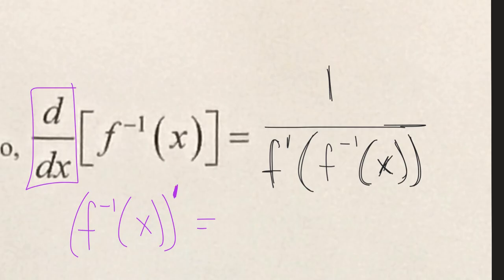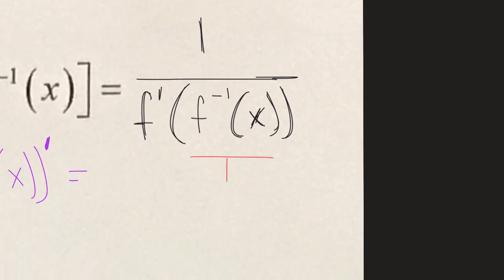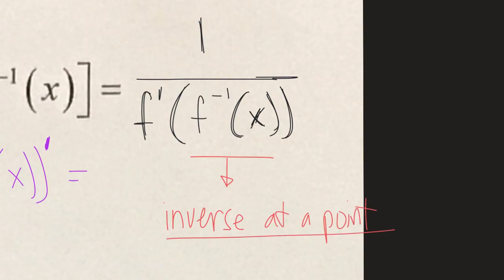So what things do we need to do? Number one, we need to calculate the inverse at a point. What is the inverse of your function? The inverse is where you switch your x and your y.